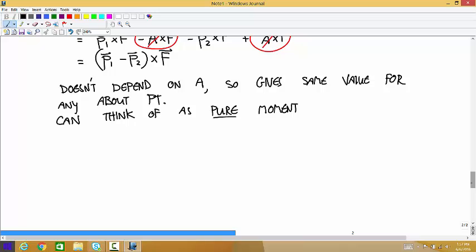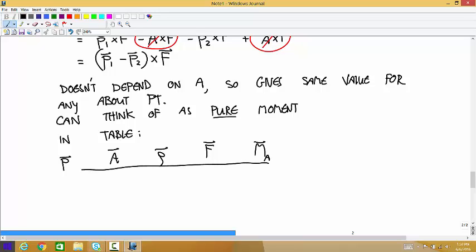And so in the table, you put it in like this. When you're dealing with a couple, you don't care about any of this stuff.